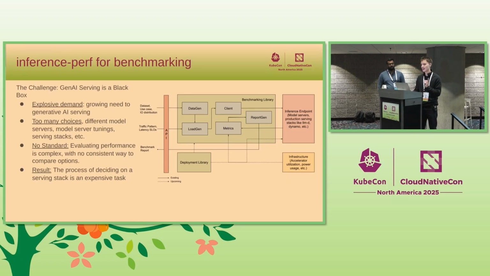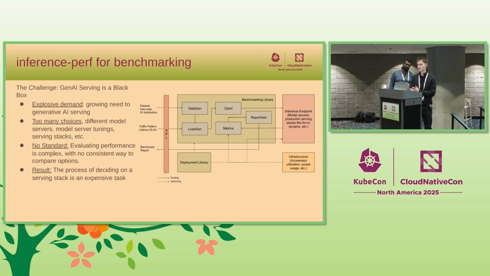So that's the gap that we're trying to plug with inference perf. And again, this diagram shows a bit about the architecture. On the left, we have an API that takes the form of a config file that takes in your data, like your input data sets, your traffic patterns, anything around your model server config. That all goes into that one single config file. That's used to configure your data generation, so you're choosing and filtering the set of requests.